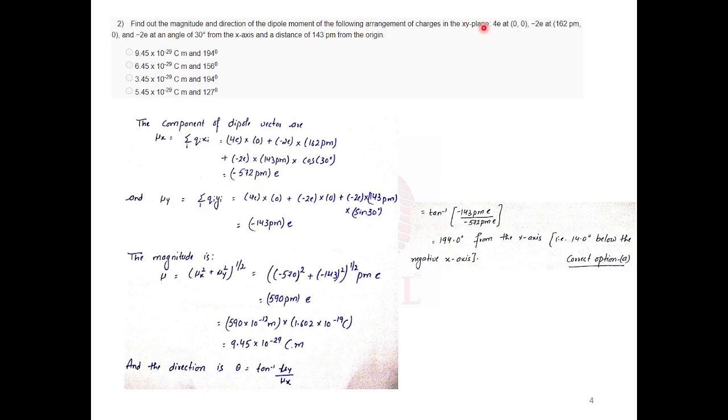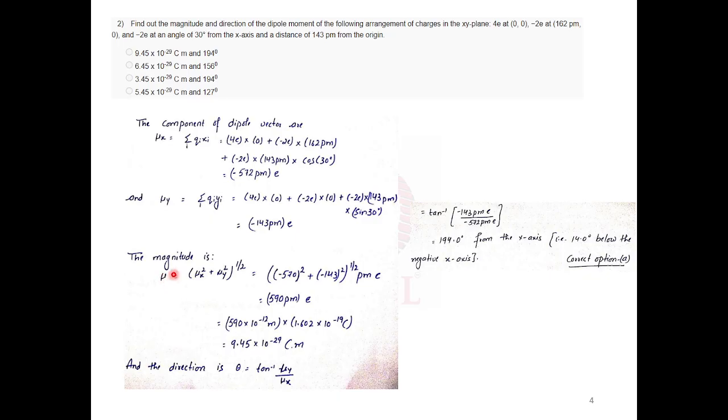So these are in the xy plane, where 4e is at 0,0 and minus 2e is at 162 pm, 0, and the other minus 2e is at an angle of 30 degrees. You will get mu x and mu y, which are the dipole moment vector components along the x and y axes. Dipole moment is a vector quantity, and when you add them you get the resultant dipole moment.